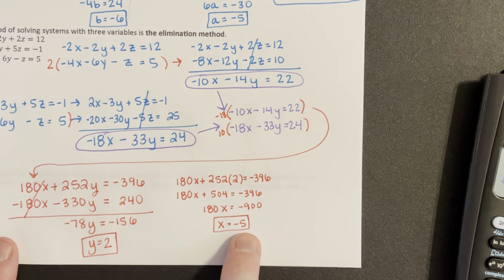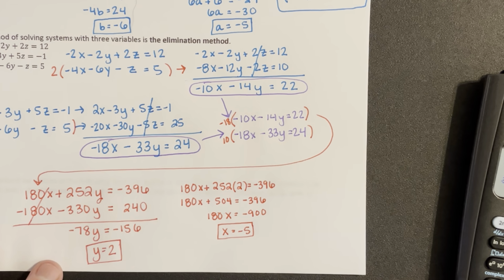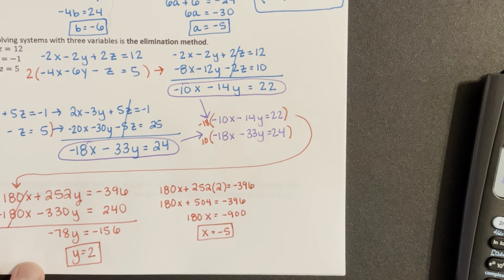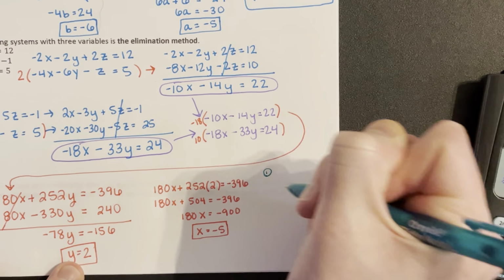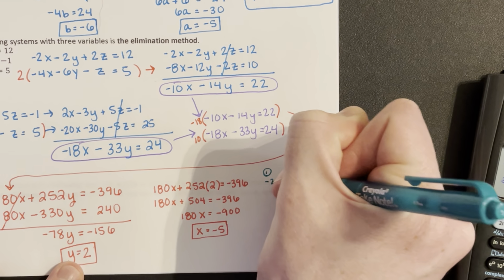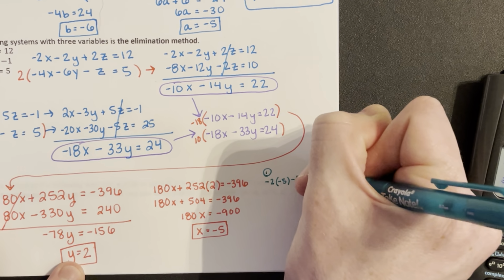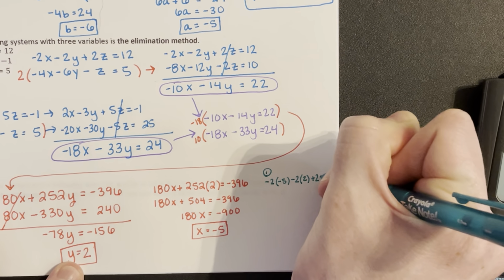So now we have x, y. The only thing left to solve for is z, and you can plug that into any one of the original equations. Let's plug it back into the first one. Now let's go back to, we'll say equation 1. Negative 2x was negative 5 minus 2 times y, which was 2, plus 2z equals 12.